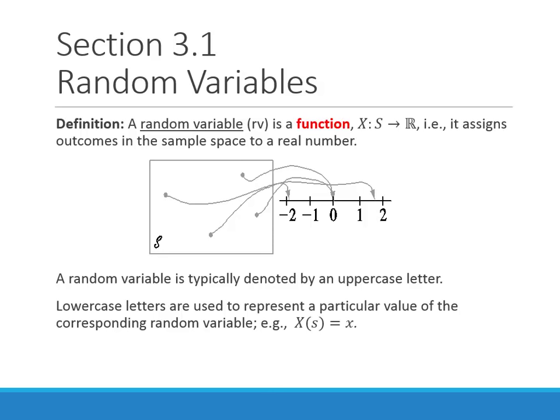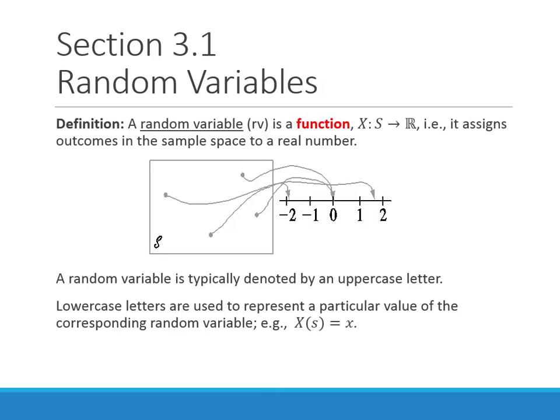So far we've talked about flipping a coin, dealing cards, getting a certain hand of poker. It can also be something more numerical, like the lifetime of an electric light bulb. So our sample space can be anything, but a random variable is how we map that into some sort of number we can work with more easily.